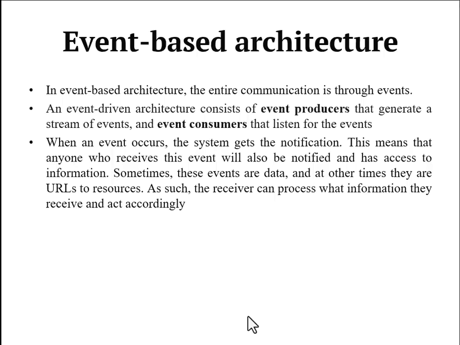When the event occurs, the consumer will be notified and will access the information. Sometimes these events are data, and at other times they are URLs. So when it receives the notification about the data or about a URL to some resource, the consumer will be notified. As such, the receiver can process the information they receive and act accordingly.